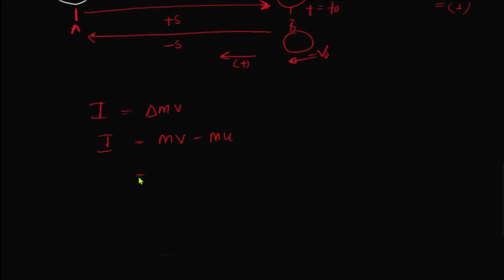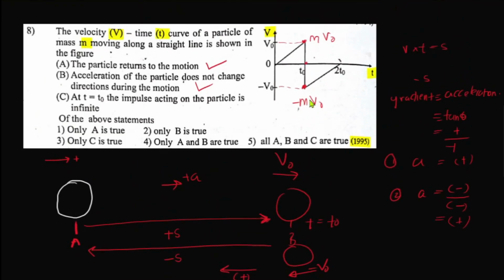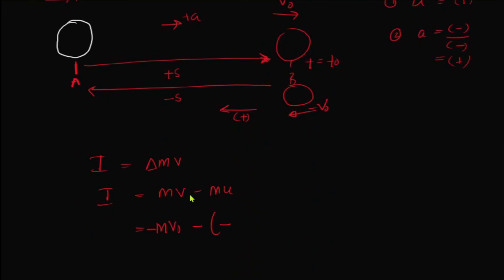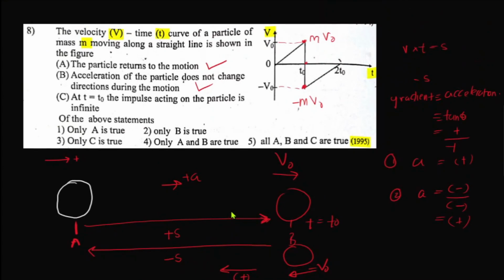So the final linear momentum is negative mv naught. Initial linear momentum is what? We need to consider the linear momentum in a certain direction.